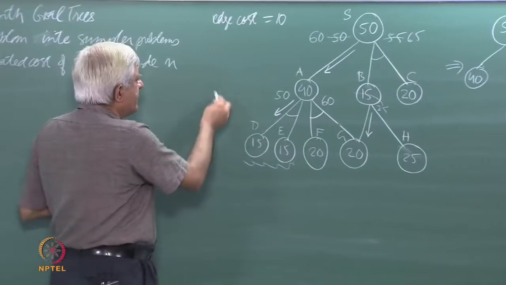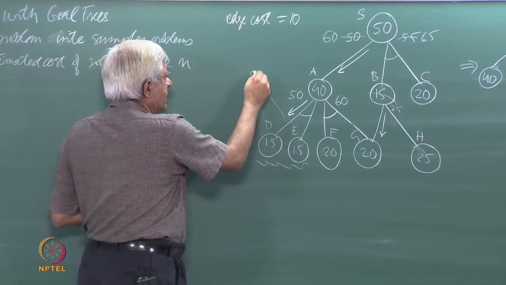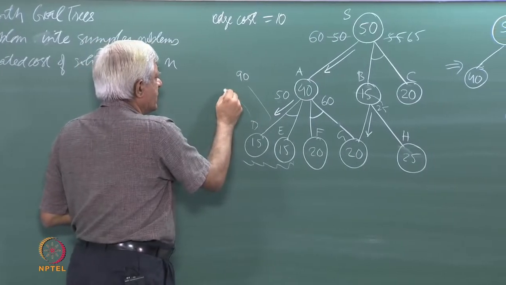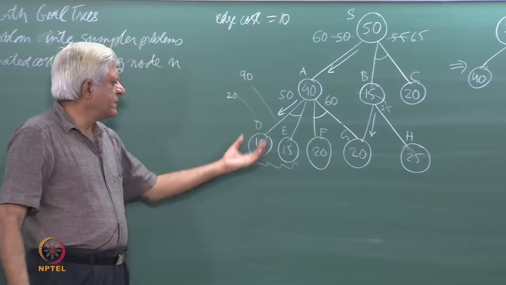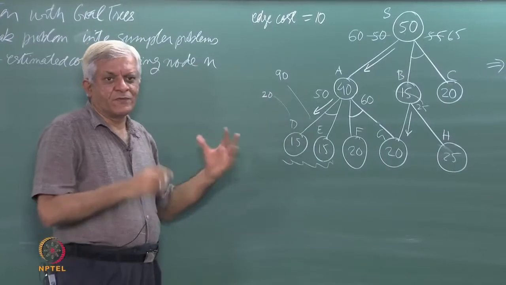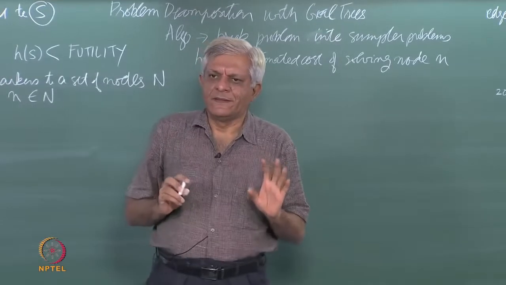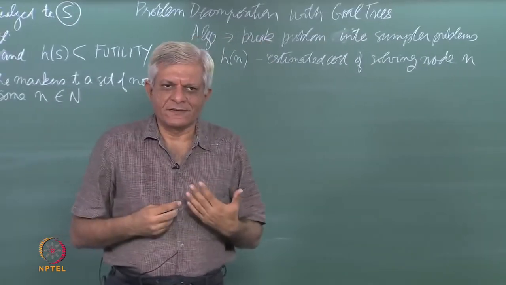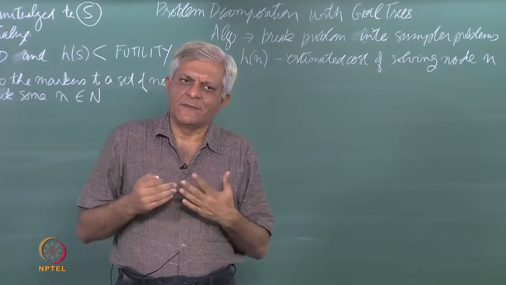But let us say for some other example, D had a cost of 20 and E had a cost of 90, then of course they look different. So, will it matter if I pick D or if I pick E?